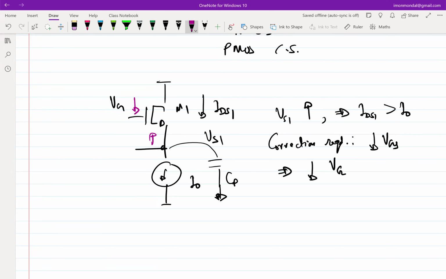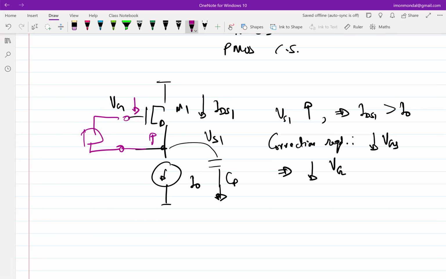Okay, so again, we have to put something between these guys. We have to put a block. Now tell me, when we are putting a block, the very basic thing is which is the input and which is the output, right? So you have to put some block here.